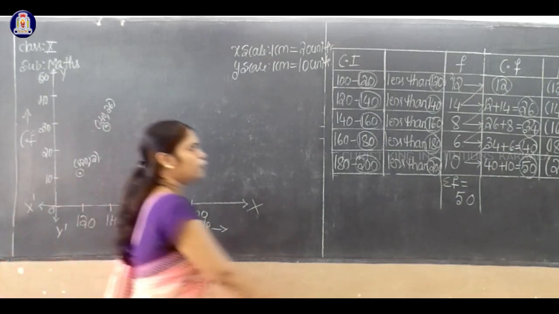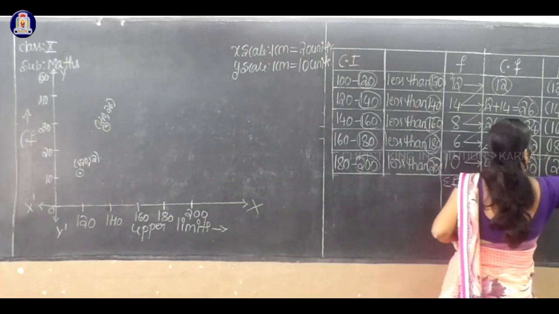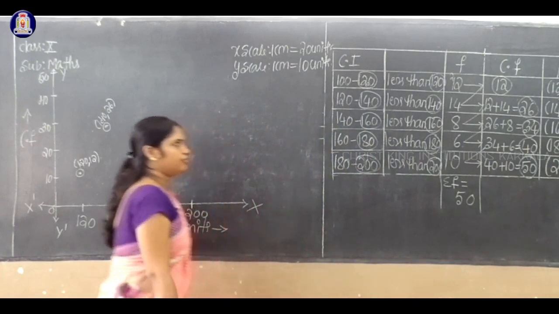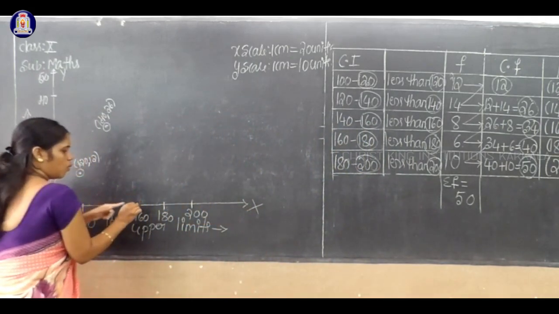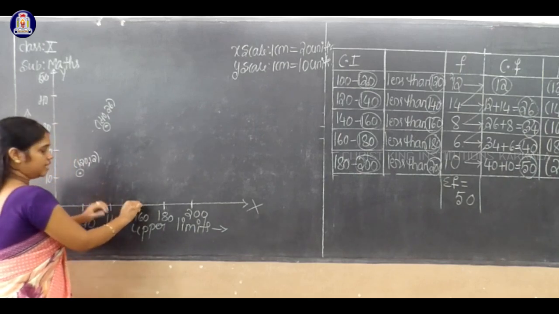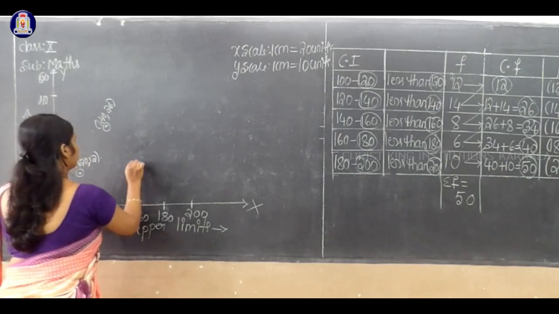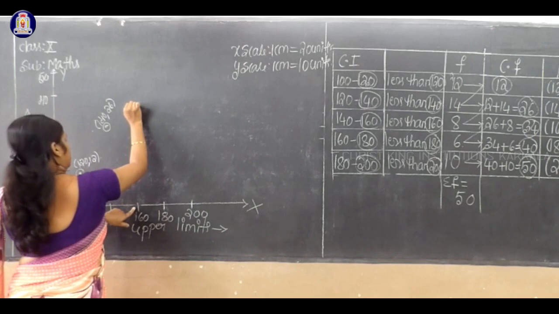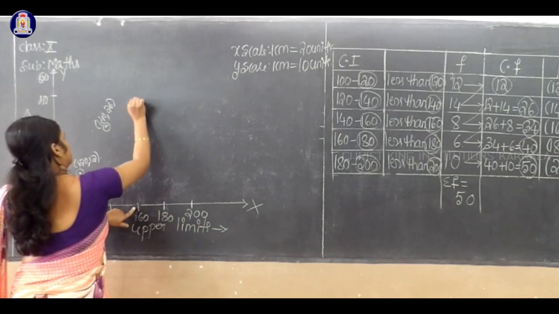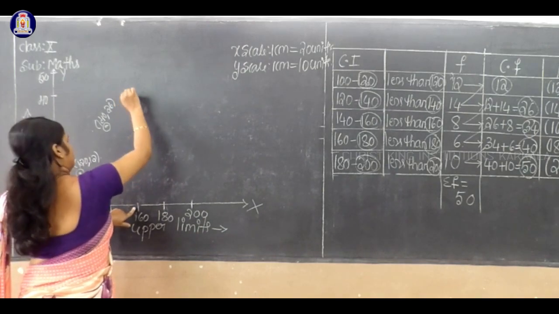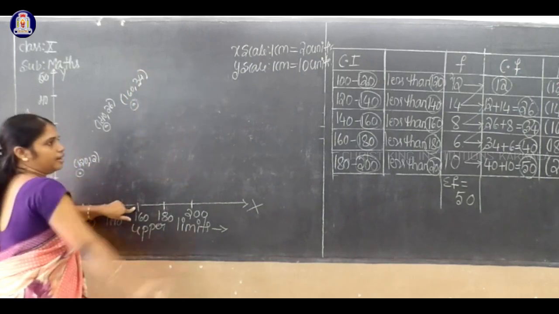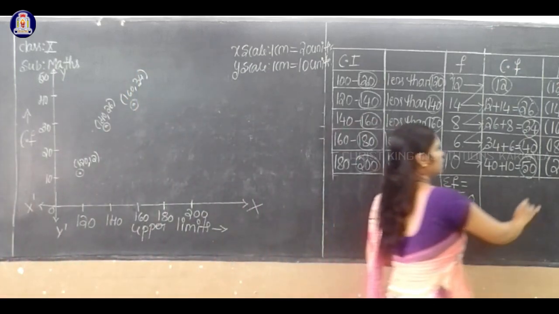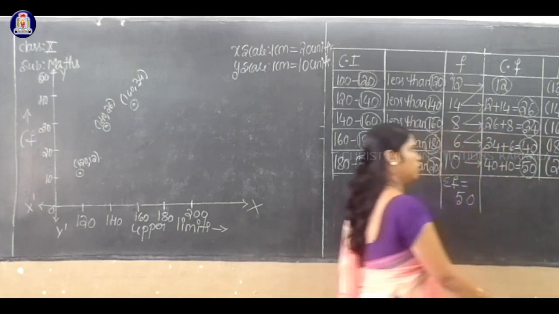Your third point is 160, 34. 160 is along the x-axis. The y coordinate is 34. So 34, somewhere here it will come. What is that point? 160, 34.